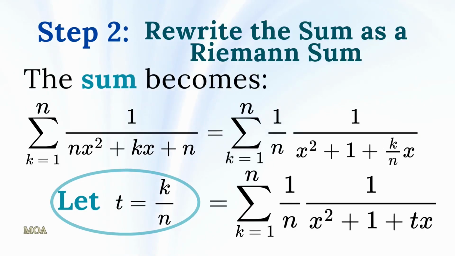Now, look at the entire sum, the sum from k equals 1 to n of 1 over n, multiplied by 1 over the quantity x squared plus 1 plus k over n times x. Let t equal k over n. Then, the sum becomes the sum from k equals 1 to n of 1 over n times 1 over the quantity x squared plus 1 plus t times x.